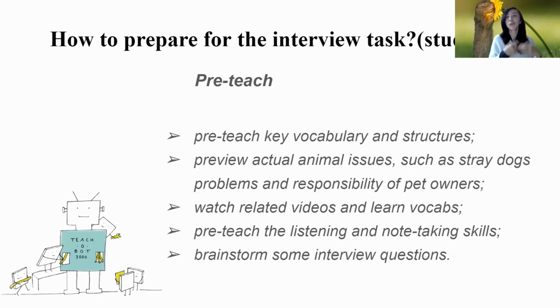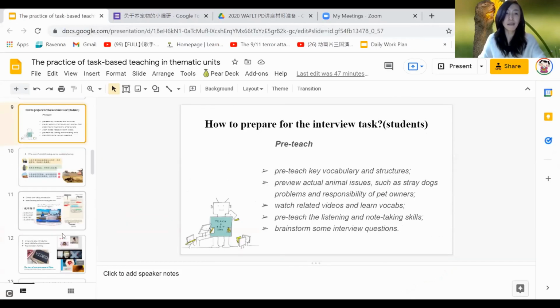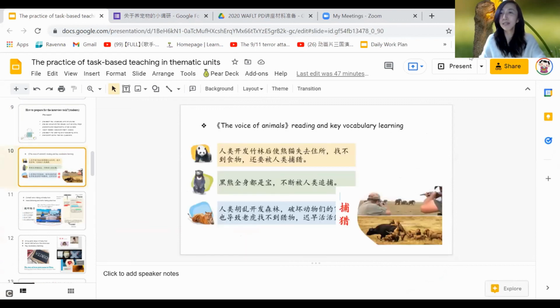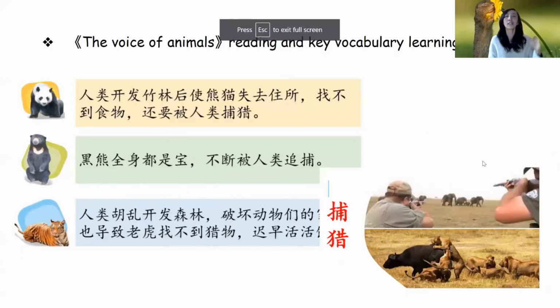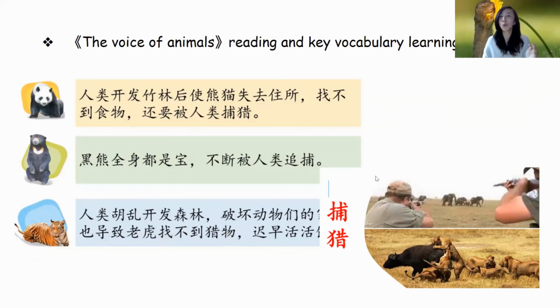And then before the interview, I also pre-taught my students the key vocabulary and structures. This one, The Voice of Animals, is an article for reading comprehension. So we learned this article together, and we learned some key vocabulary about how to protect animals.